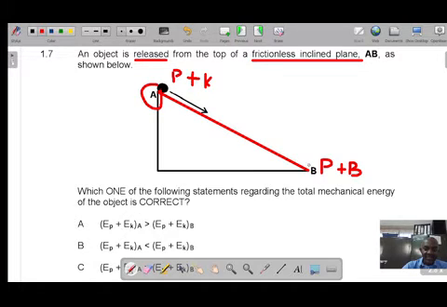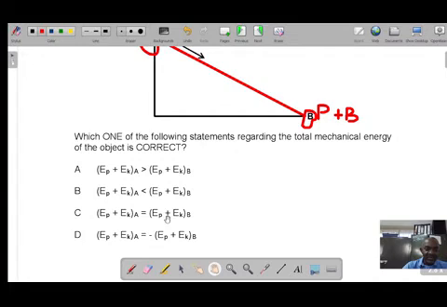So what do you think is our answer now? Talk to me, somebody. Let's check it out. So our answer is going to be C. As you can see, C says the EP, meaning potential energy, plus EK, both of them at A, would be equal to the EP plus EK at point B. I hope we are together.